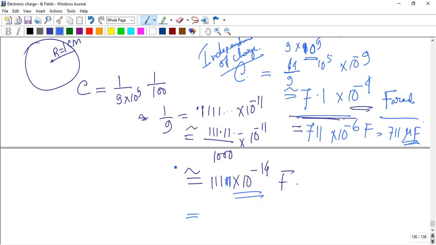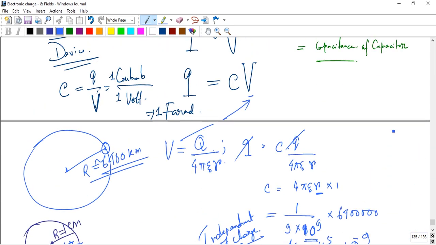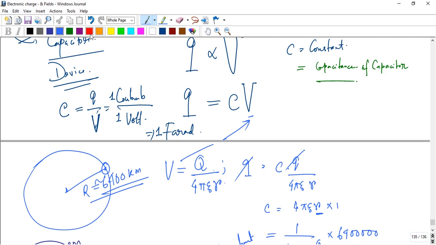So if the radius is very small, a small object has very small farad. Earth is a huge object, but Earth has only 711 microfarad, a very small value. So 1 farad is a very big value.